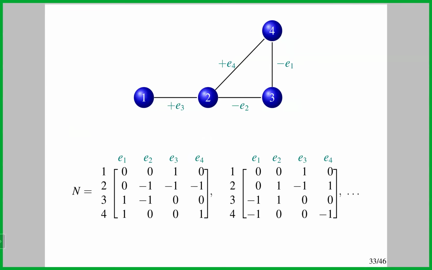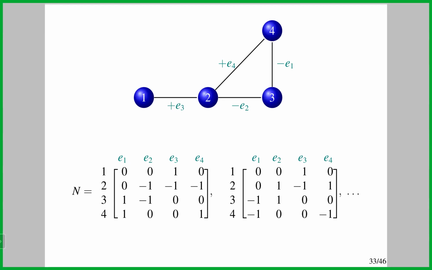I'll give you an example. Look at this sign graph. Edge 1 is a negative edge. So if you look at column 1 of the first incidence matrix, it is between 3 and 4, so the 3 and 4 entries are going to be equal because this is a negative edge. You can write both 1 or both -1.